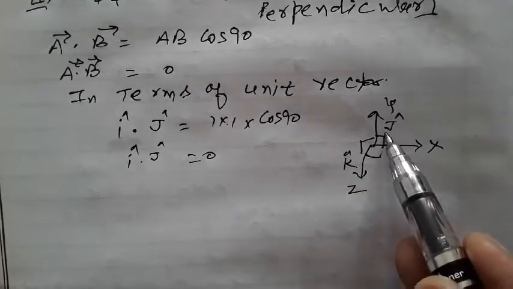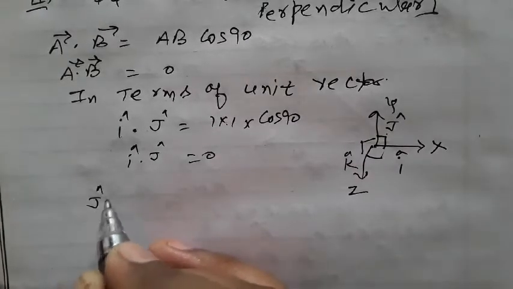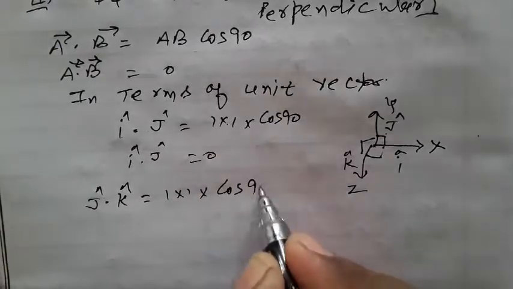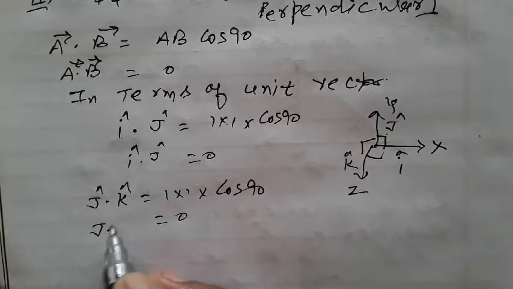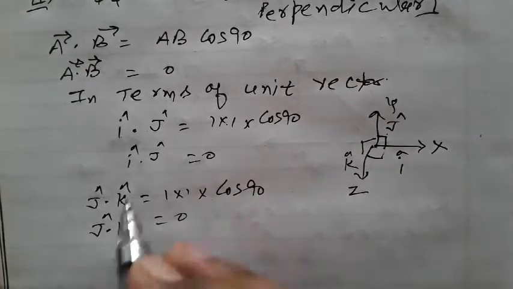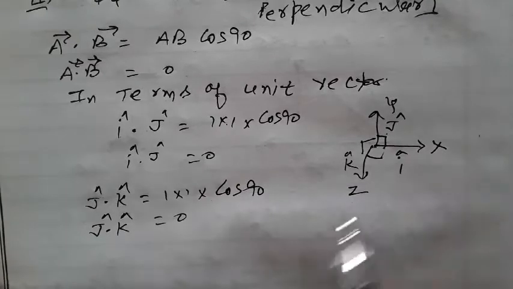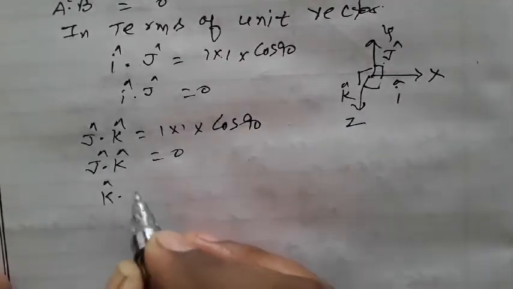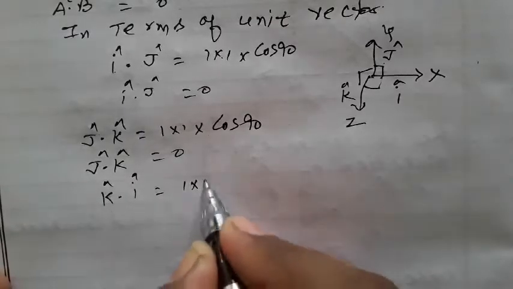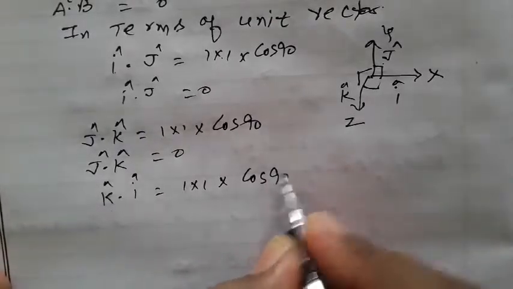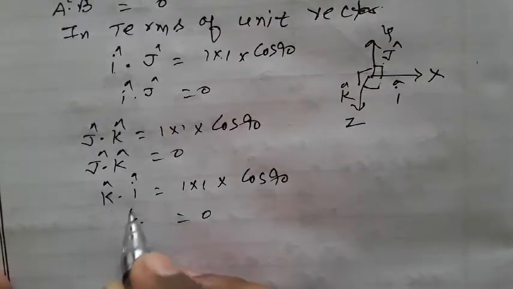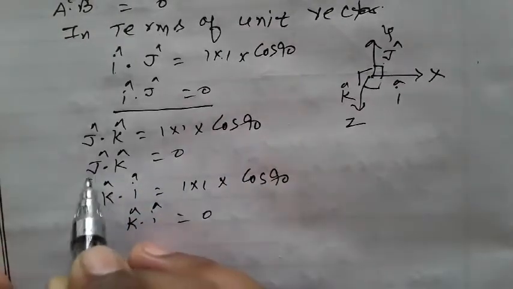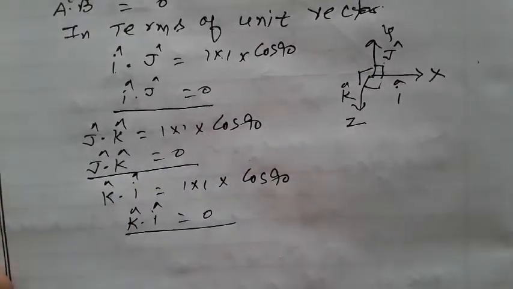Now j cap dot k cap, 1 into 1 into cos 90, cos 90 is 0. j cap dot k cap is equal to 0. Along z and x, k cap dot i cap, 1 into 1 into cos 90, cos 90 is 0. So i dot j is 0, j dot k is 0, k dot i is equal to 0.